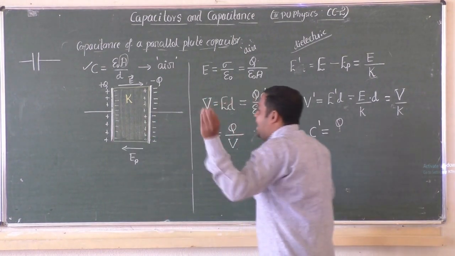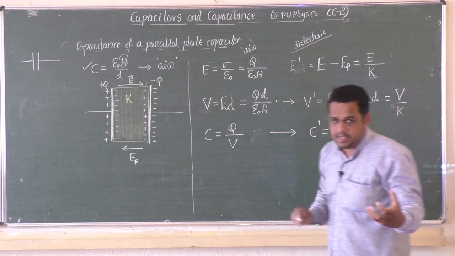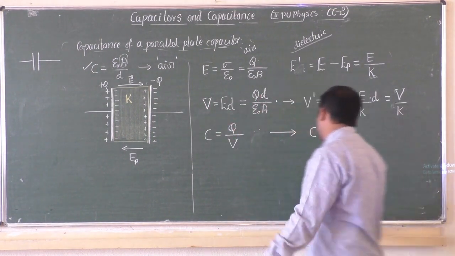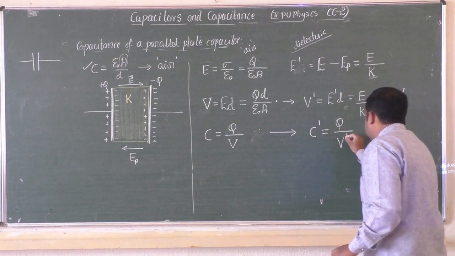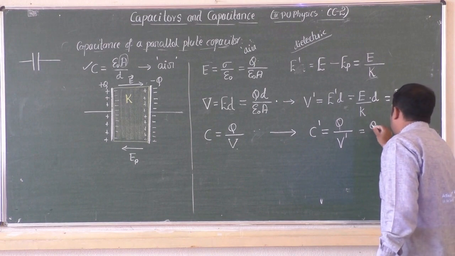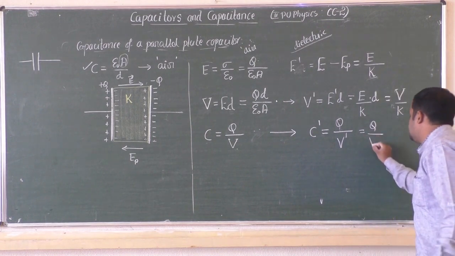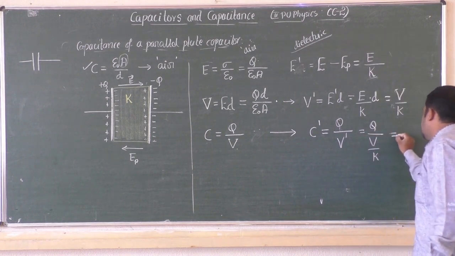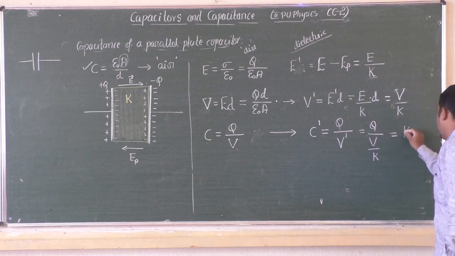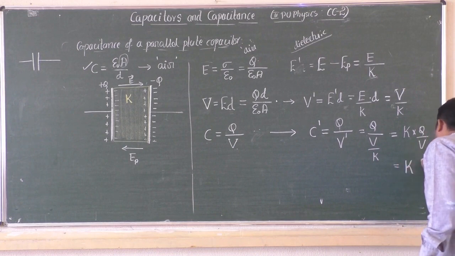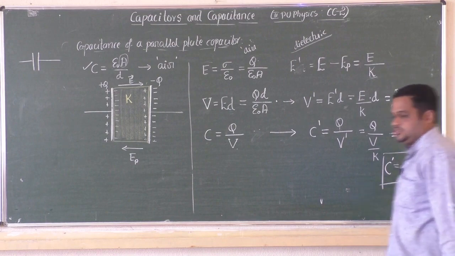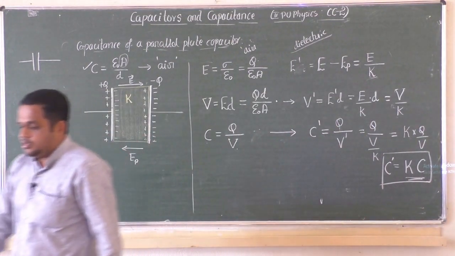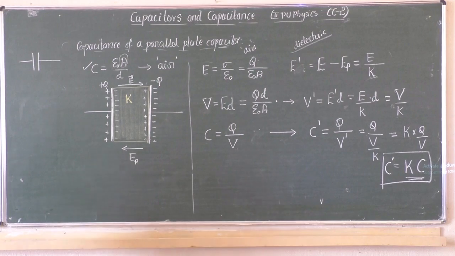We have not added or removed charges from the capacitor, therefore the charge remains as it is. Q divided by V dash is the new capacitance, and V dash is V divided by K, so K comes up: K into Q divided by V, and Q divided by V is C. So C dash is equal to K into C.